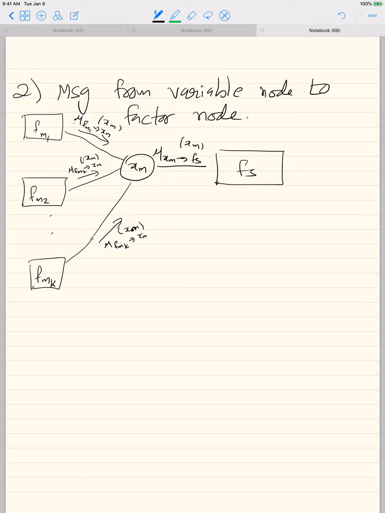And all we have to do here is to compute mu xm to fs of xm.